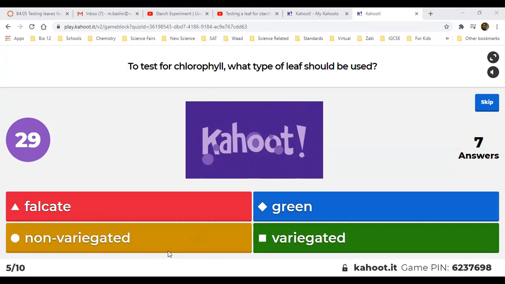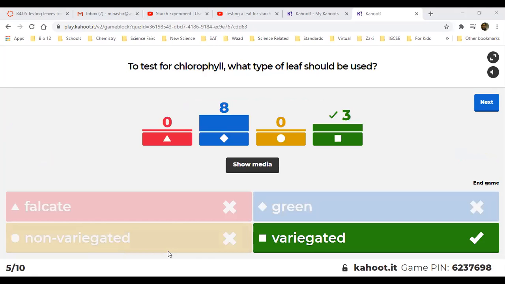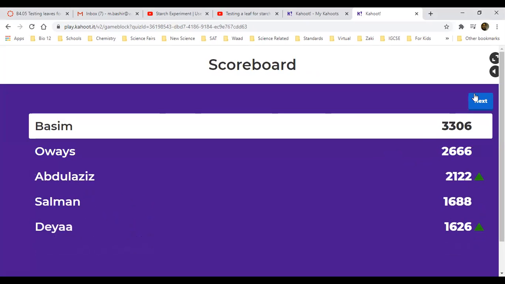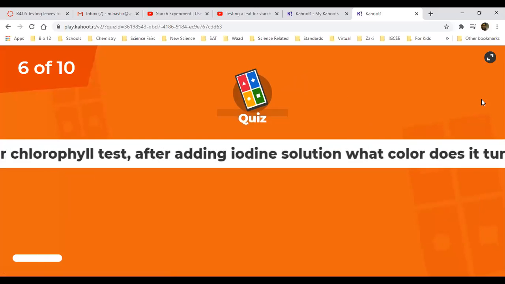So even if you all said it wrong, it will be given +1. So this is out of the quiz. The right answer is, yes, 10 boys did it. It's the variegated, the one that has a lot of veins. There are a lot of green leaves, with veins and without veins.